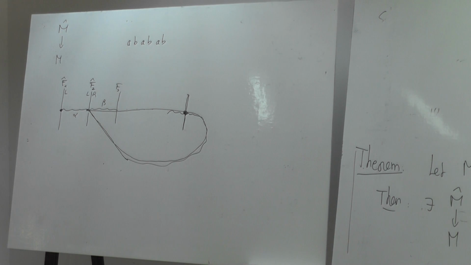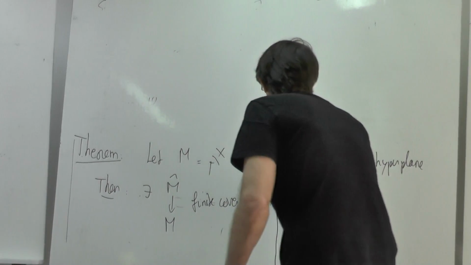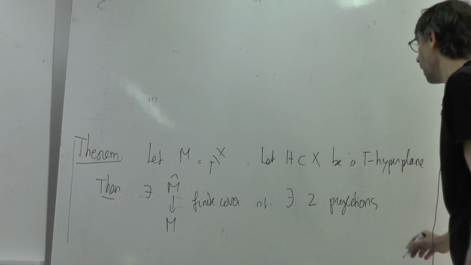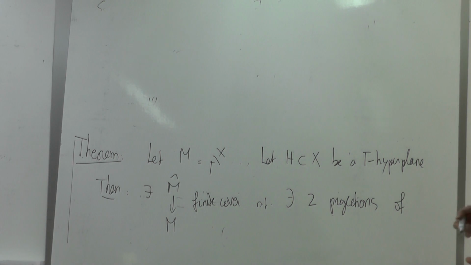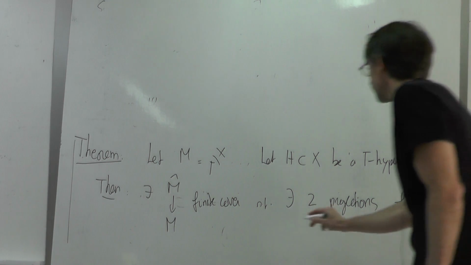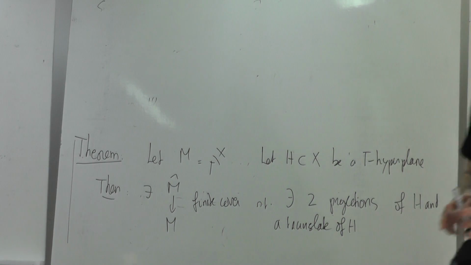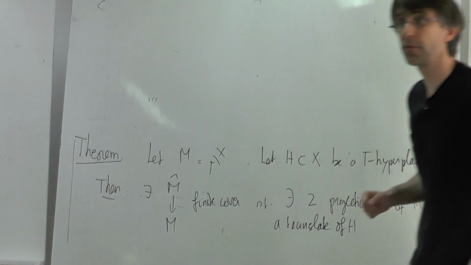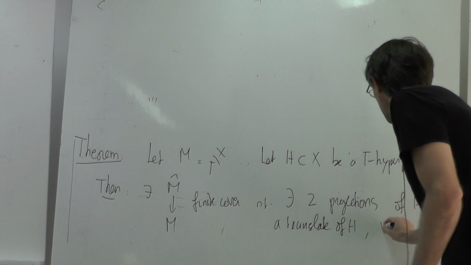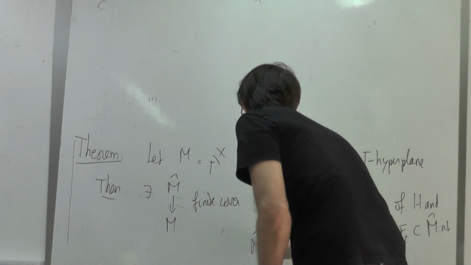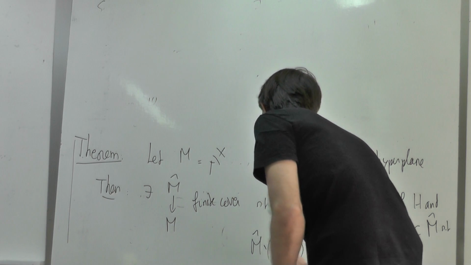And be even quicker. So let H be such that there exist now two projections of gamma and of H and a translate of H, or if you want two elevations of the projection here in that finite cover, two projections, which I will call F1, F2, embedded in M hat, and such that if you remove the union of F1 and F2 in M hat, then it's still connected.